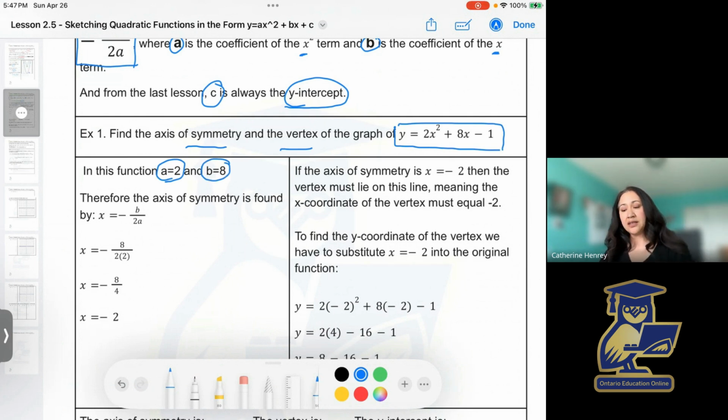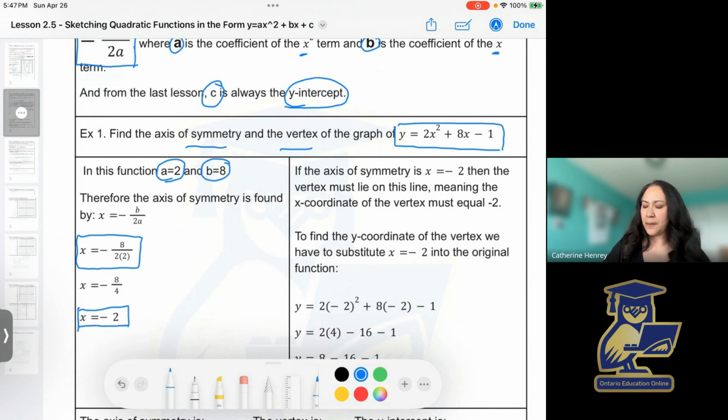So again, this helps me find the x coordinate of the vertex. So if I substitute 2 and 8 in for a and b, I'm right here. x equals -8 divided by 2 times 2. Simplifying, we get x equals -2.